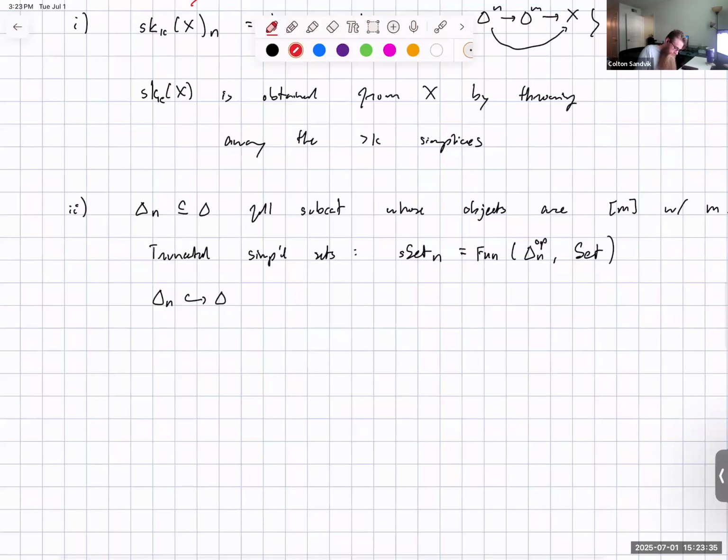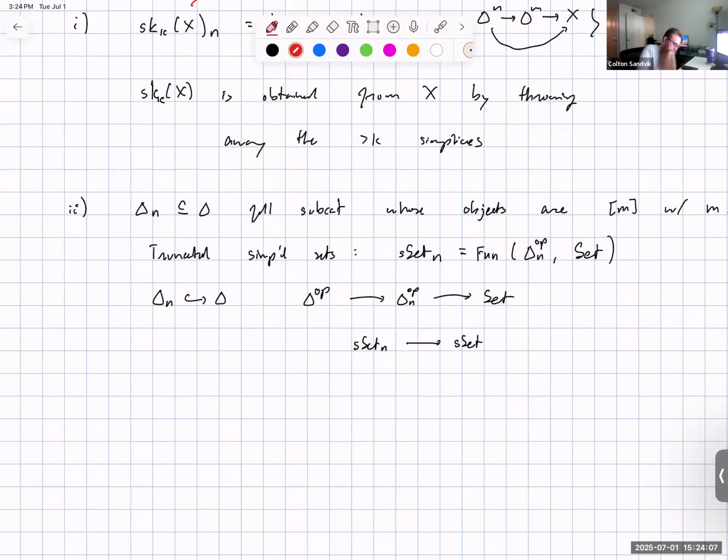So what we certainly have is a functor taking you from delta op to delta n op, and this you can compose with set to produce a functor going in this direction.